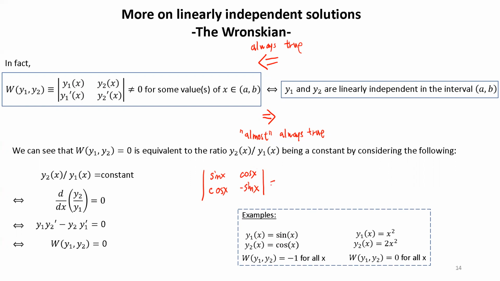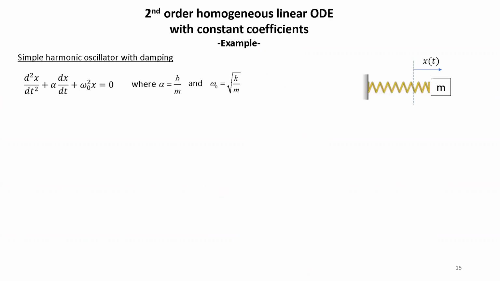Then this would be minus sine square x minus cosine square x, and that is minus 1. So this is non-zero, which shows that these two functions are linearly independent.